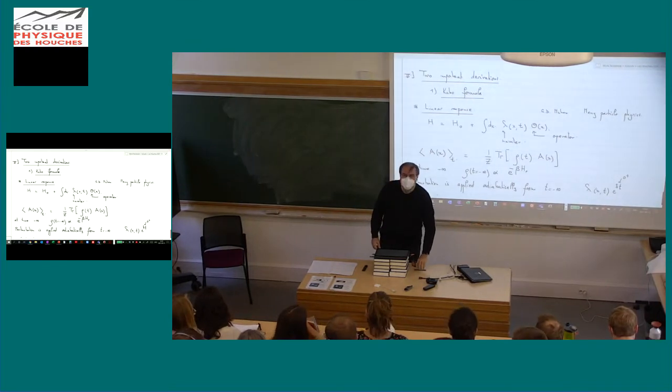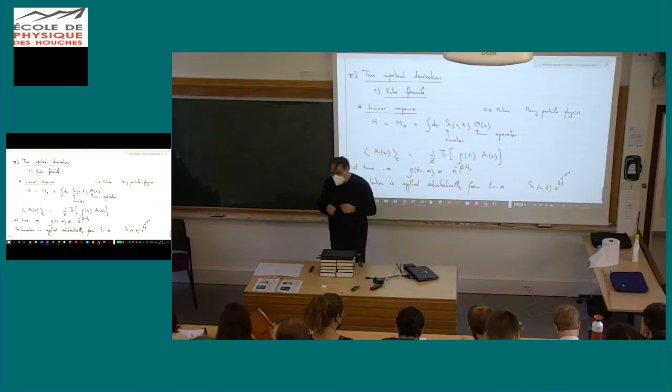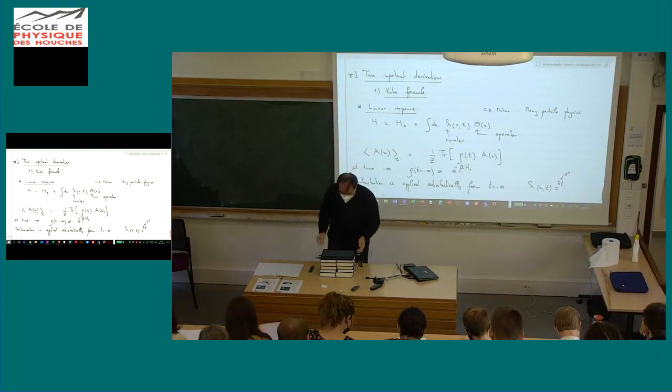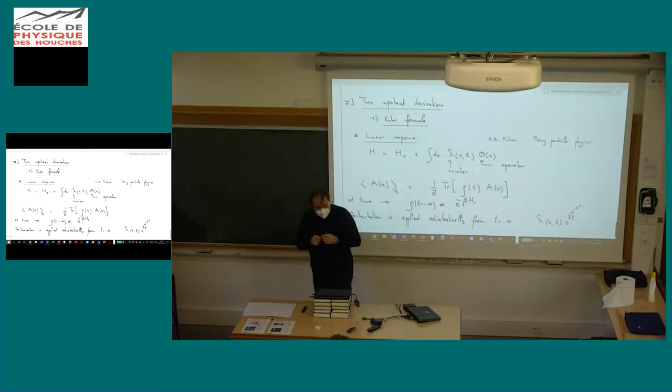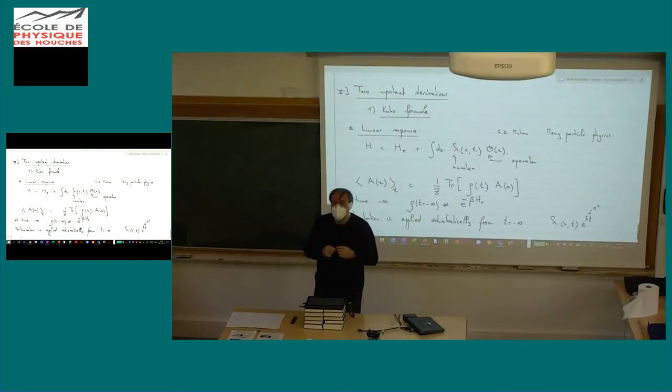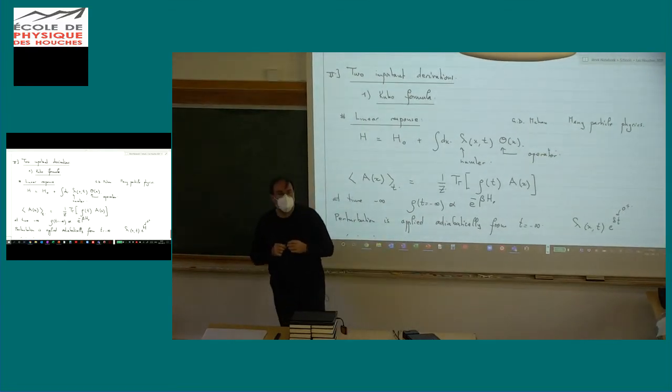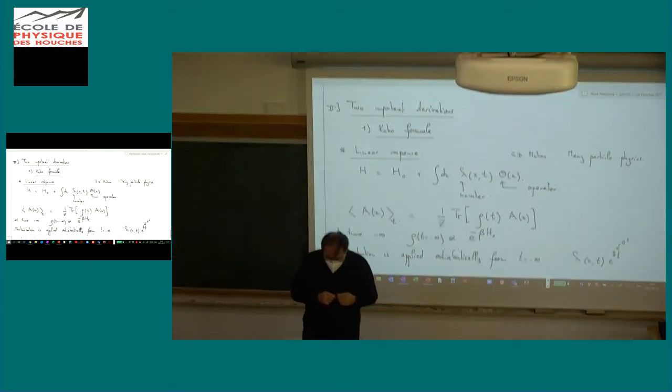So, welcome back to the second lecture on transport. We'll take over where we were, namely in the derivation of one of the important formulas for conductivity, which is the Kubo formula.